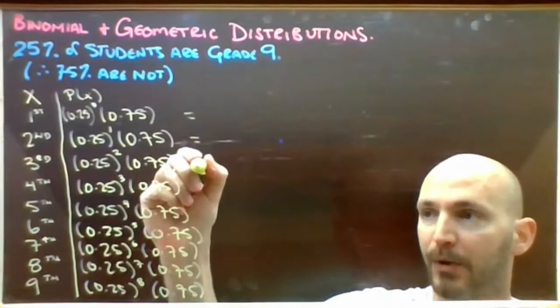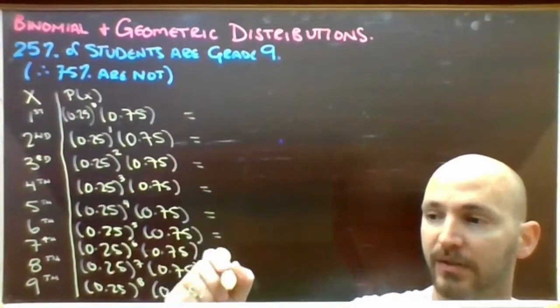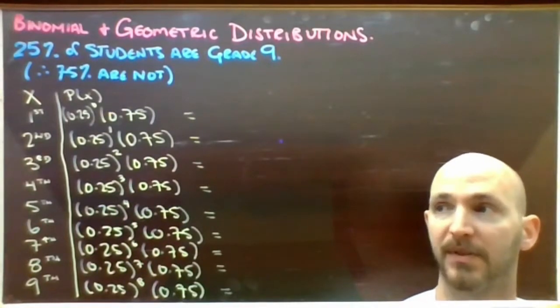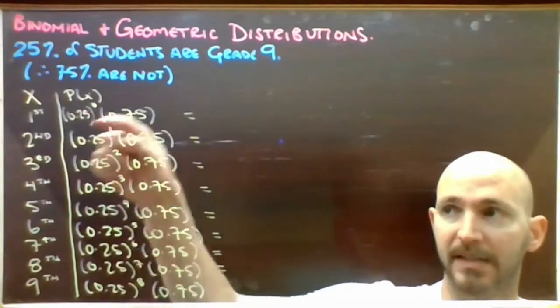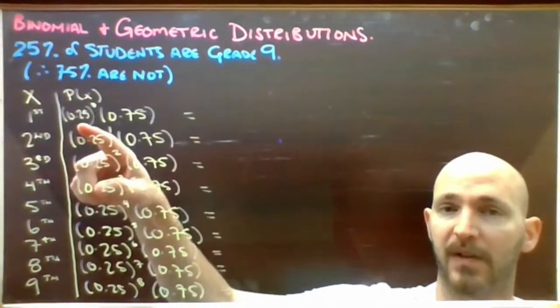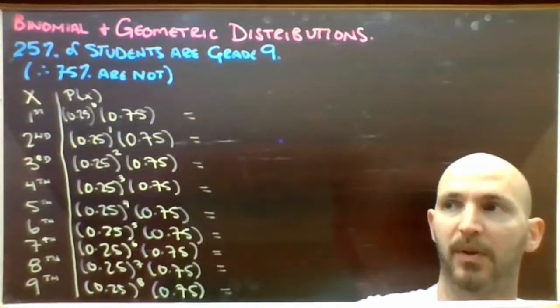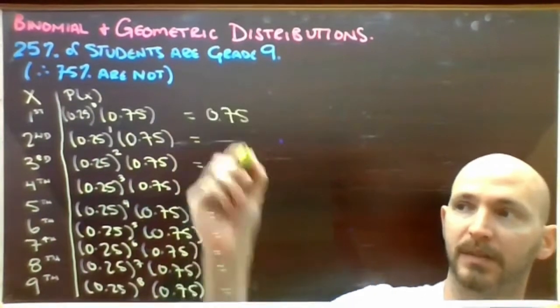So I'm going to go through and actually do these calculations. And I'm going to flip into fast forward mode at some point so that we can get through it more quickly. Basically, the first one, 0.25 to the exponent 0 is 1. Multiplied by 0.75 gives me 0.75.